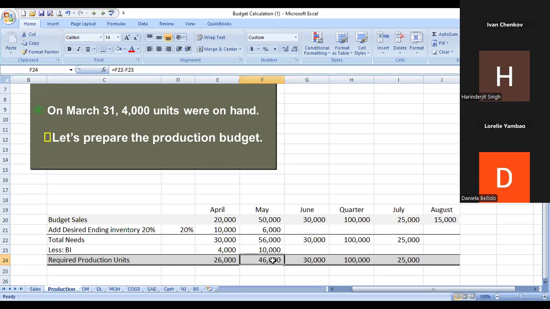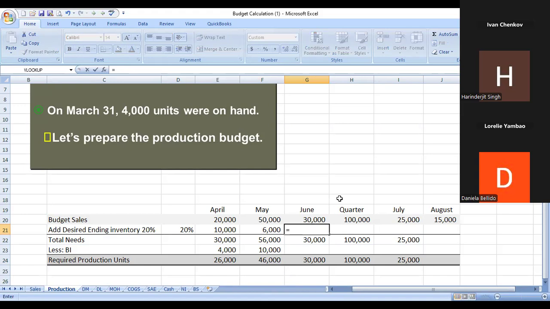So let's keep going now. In June, we need to sell 30,000, but also we want to have 20% of which inventory now? Of the next month inventory, which is July, correct? So how much is the 20% of the 25,000?